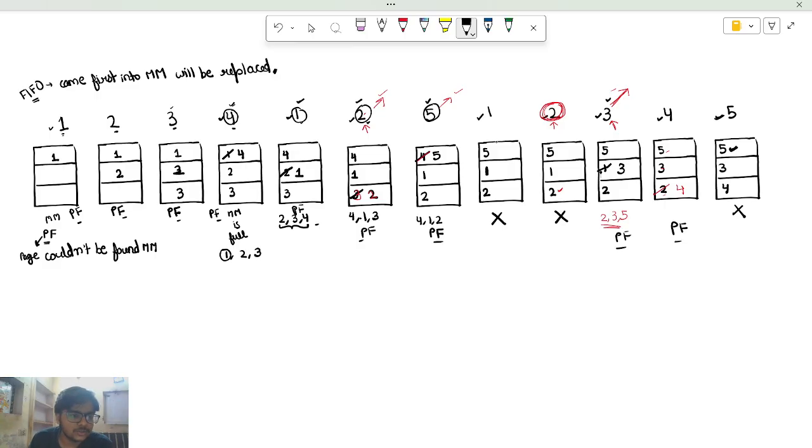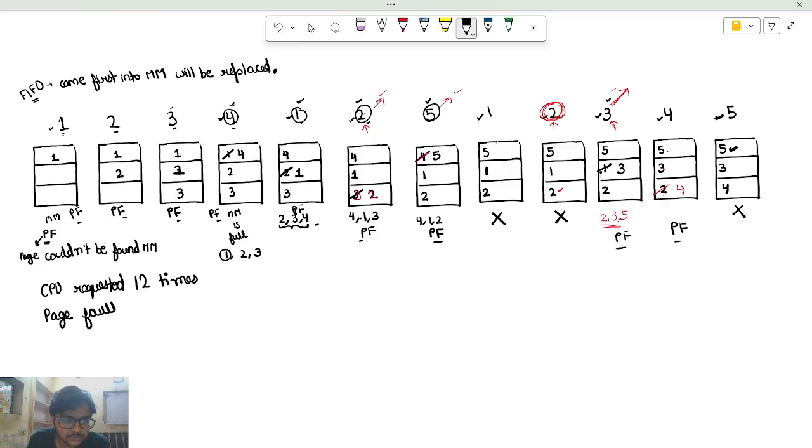Okay. So CPU requested for how many times? CPU requested 1, 2, 3, 4, 5, 6, 7, 8, 9, 10, 11, 12. 12 times. Okay. CPU requested for 12 times. And out of 12 times, how many times did page fault occur?